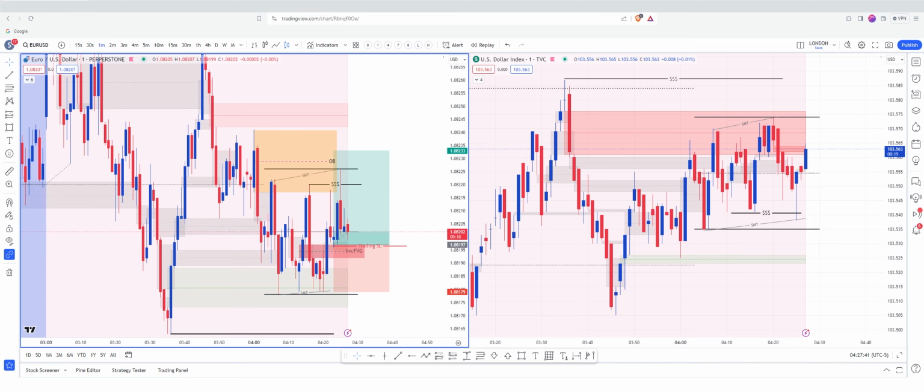The pound is showing no signs of rallying. Pound is very weak at the moment. What we're looking at is this order block is currently holding us up.